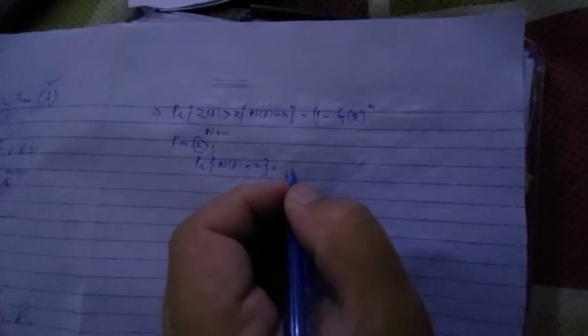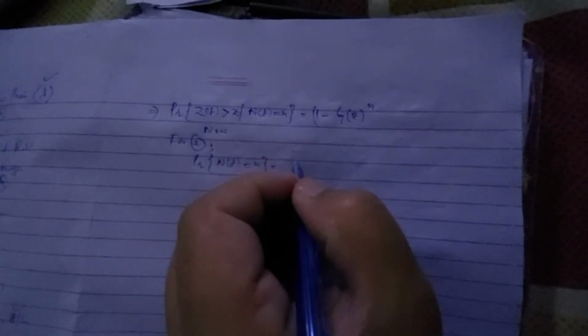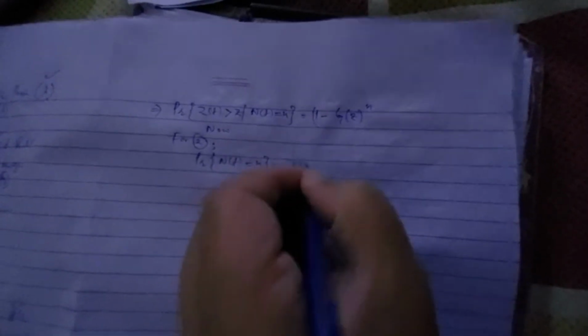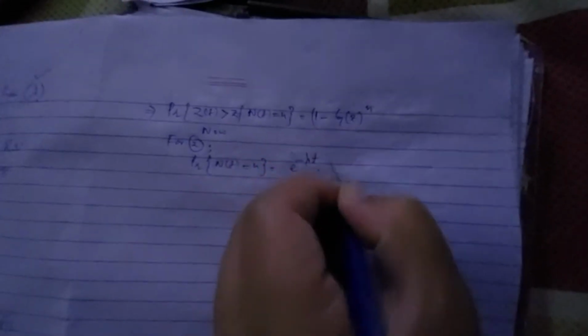Okay, now we have the second part of the equation A. So for part 2, the probability that the number of total events is equal to n, using the Poisson process, will be equal to e raised to power minus lambda t, times (lambda t) raised to power n divided by n factorial.